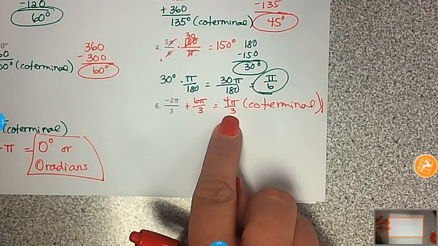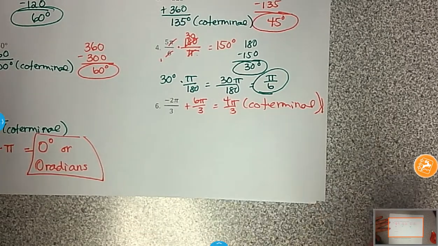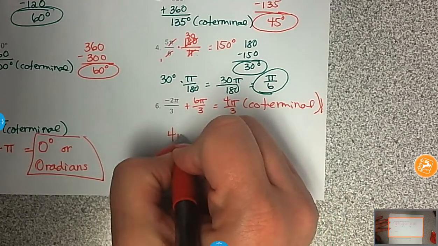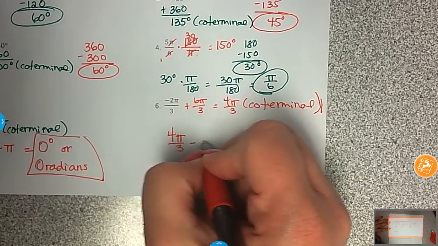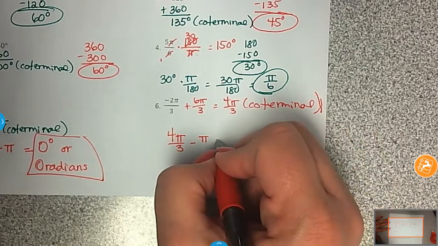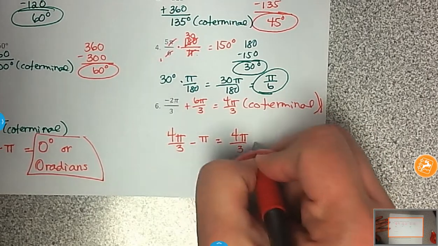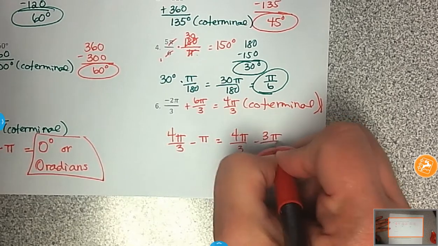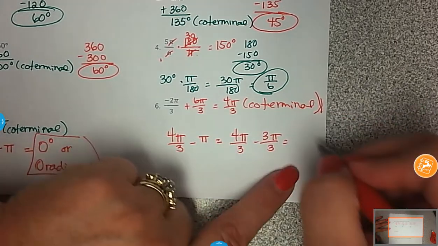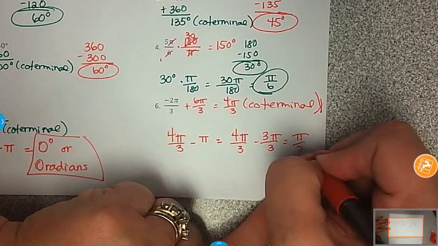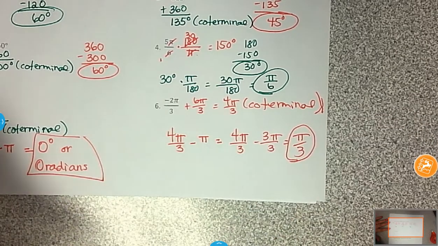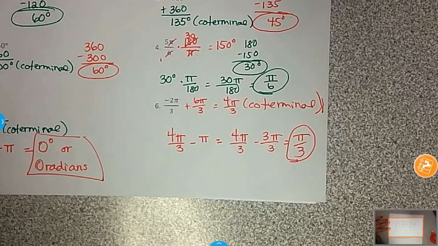It's 1 1/3 pi. So I'm going to take this 4 pi over 3 and subtract pi, which is the same as subtracting 3 pi over 3, and I end up with pi over 3. That is your reference angle.